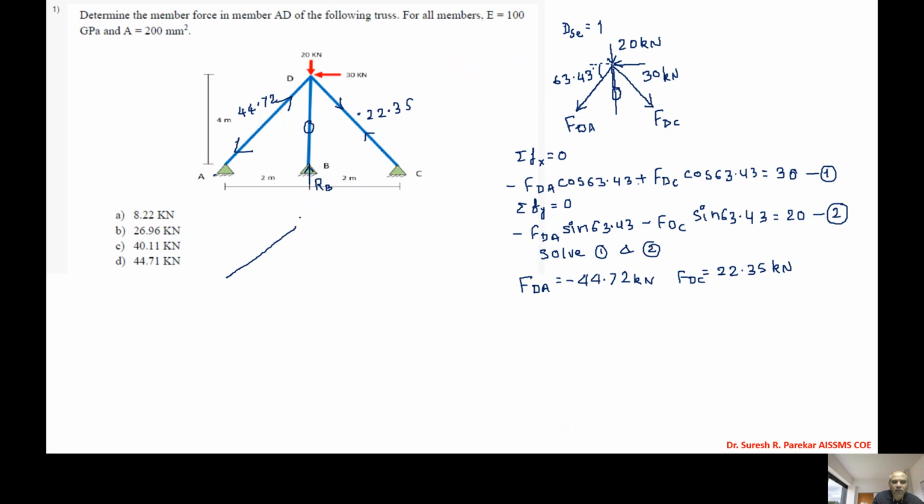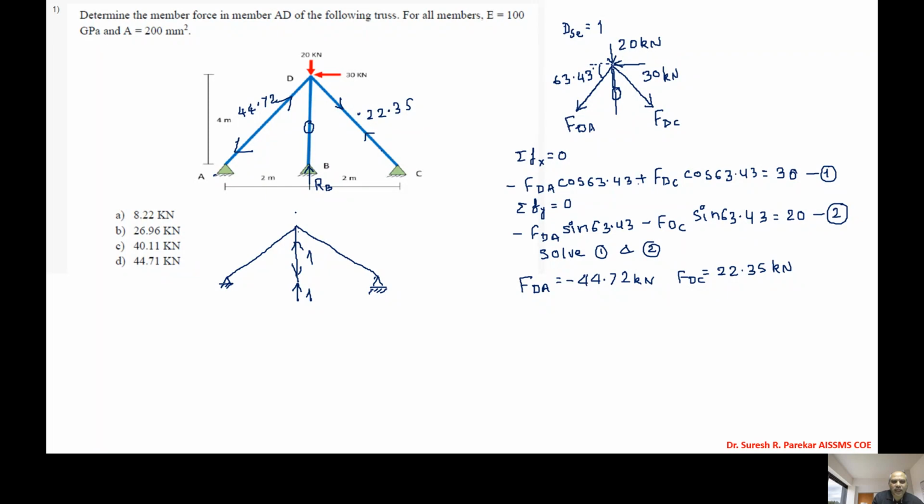Now we will apply the unit reaction. So we have this as a simple support. In this member, we will apply the unit value, and this is the simple support. By this we are going to get force in this as 1.